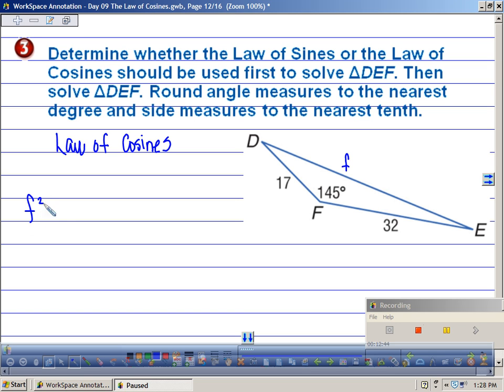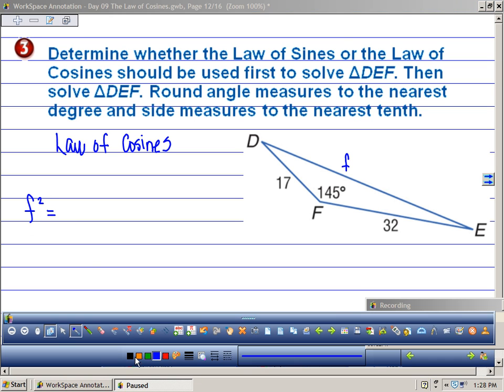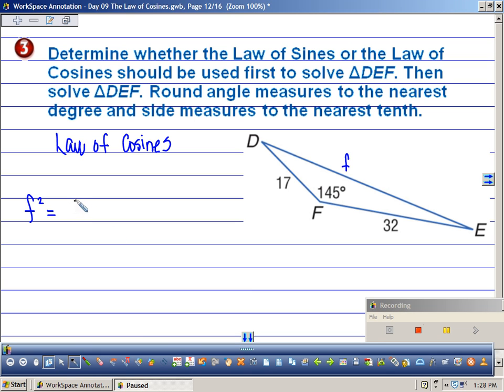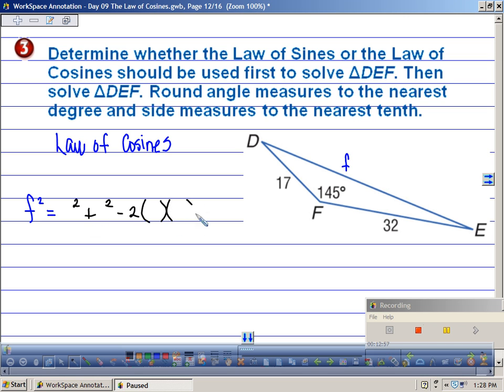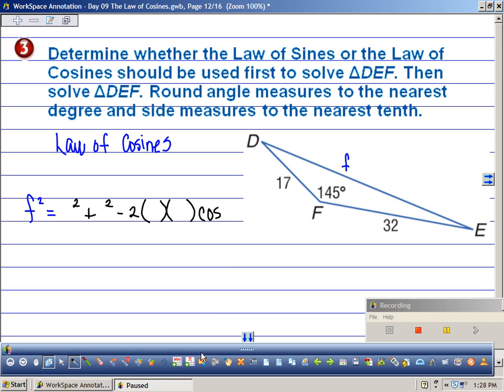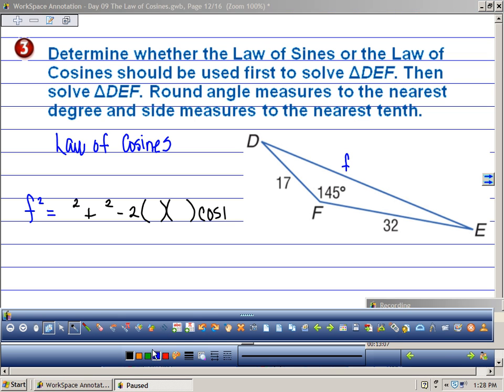We would have S squared, we should just write our shell, equals the square of the other side plus the square of that other side minus 2 times the sides times cosine of F, which is 145. I'm going to fill in the rest of my information. I fill in 17 and 17, 32 and 32.